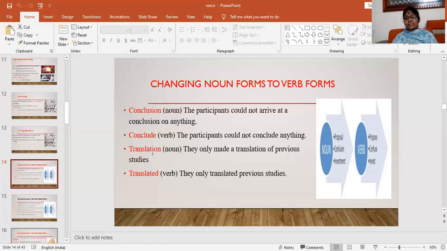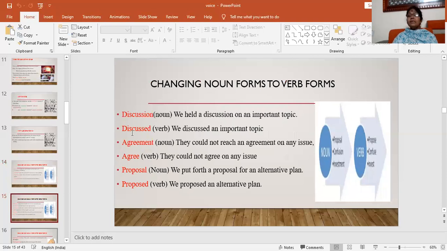Now, similarly, translation, TION, it is a noun form. They only made a translation of previous studies. If I want to change this into verb form, translation will become translated. And then the sentence will be, they only translated previous studies. Similarly, discussion.